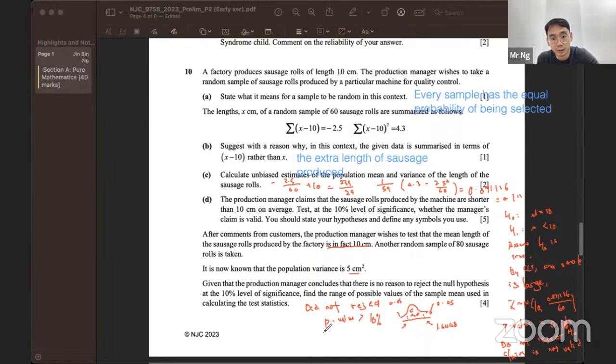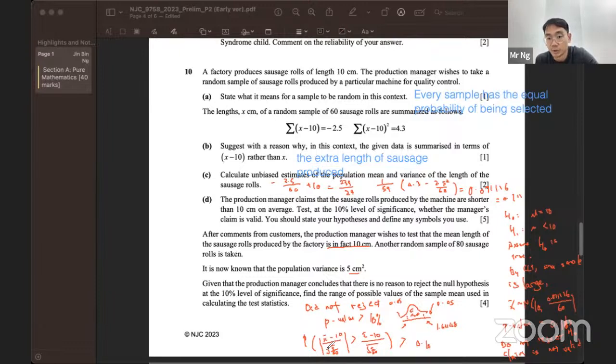So the probability that (x bar minus 10) over (square root of 5 over 80) is more than (x bar minus 10) over (square root of 5 over 80). This thing needs to be more than 10%.